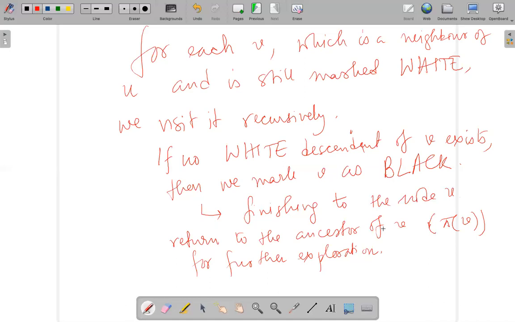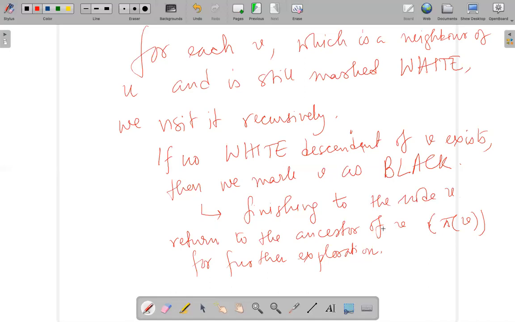Initially, all nodes are white. You start from a particular node U, color it gray. Now you look at one of its neighbor V. If it is white, you color it gray, and you keep on doing this recursively.